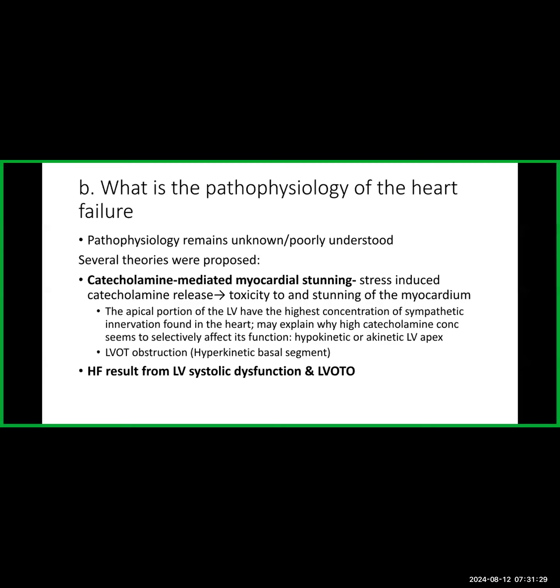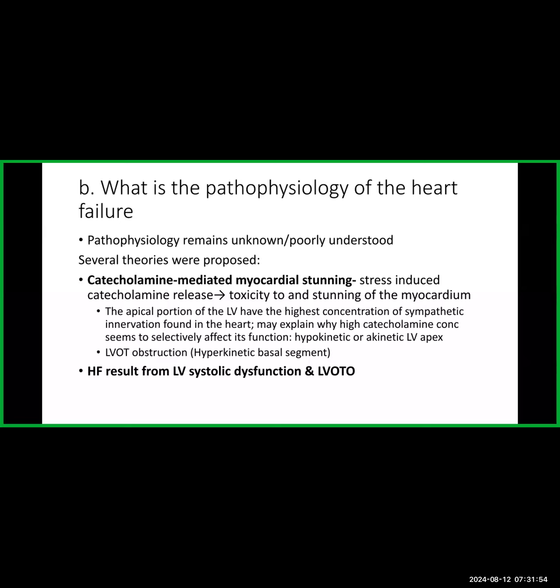Pathophysiology remains unknown and poorly understood, but several theories were proposed. So it could be as a result of catecholamine-mediated myocardial stunning, due to the stress induced, because this condition is actually stress-induced, catecholamine is released, which would cause toxicity and stunning of the myocardium.